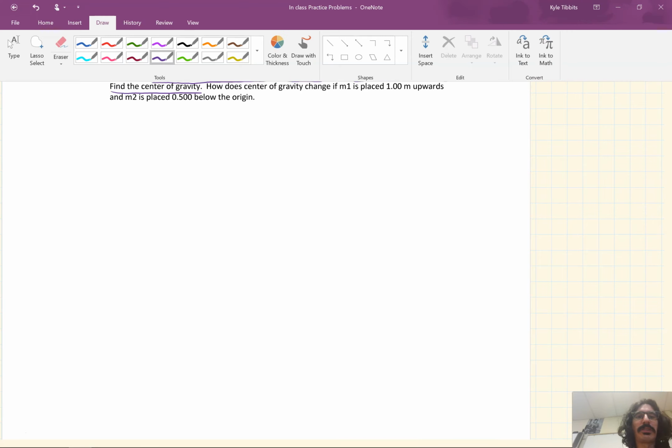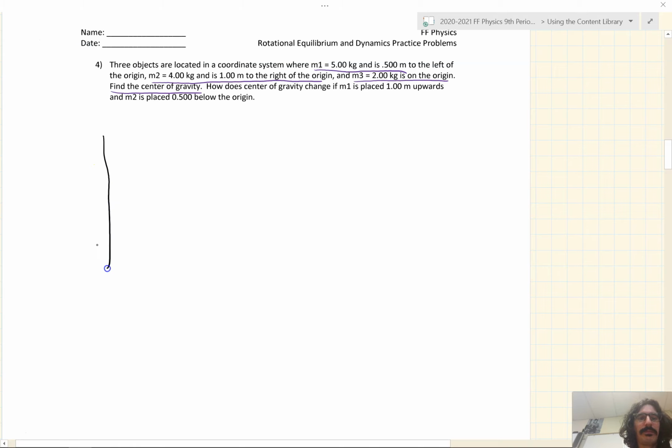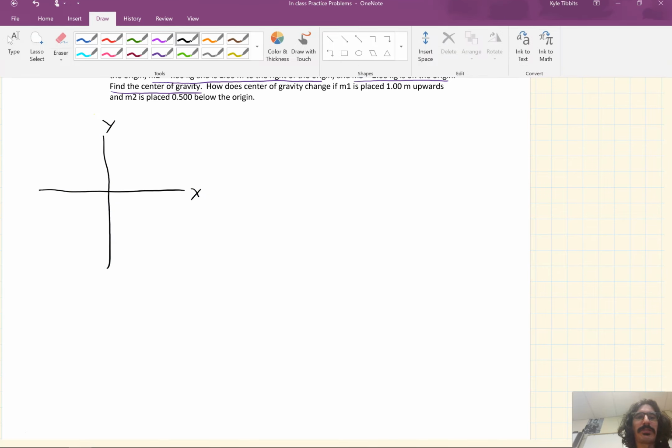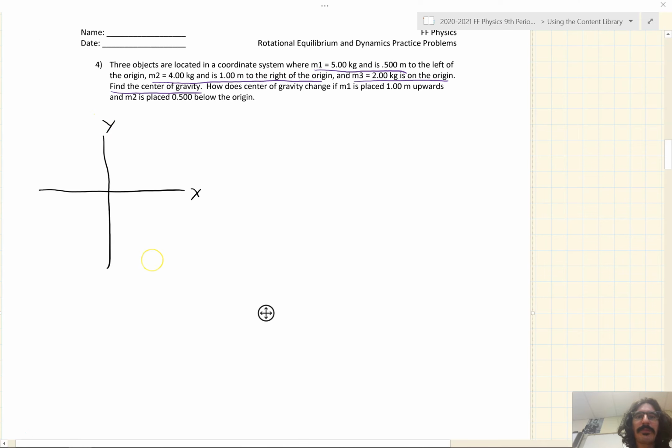So let's draw a coordinate system. We have our x and y axis. M1 is 0.5 meters to the left. Let's call it negative 0.5.